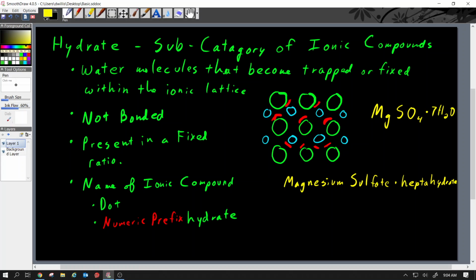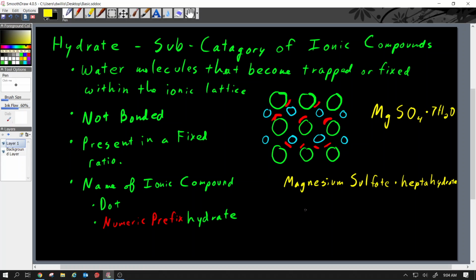All right, and I squeezed it in there because I was running out of space at the end. So I've got magnesium sulfate heptahydrate. All right? And so that is how you name a hydrate.